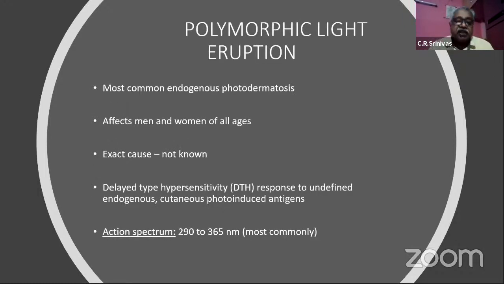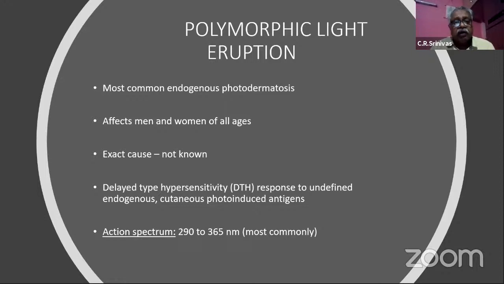Even when we do patch testing, we get positive on both sides. The photo patch test site may show more severe reaction, but that is because of the photoaggravation of the patch tested site. Very rarely will you get the allergic contact dermatitis patch test negative and the photo patch test for Parthenium positive. That usually does not occur. Both will remain positive, and so it is allergic.